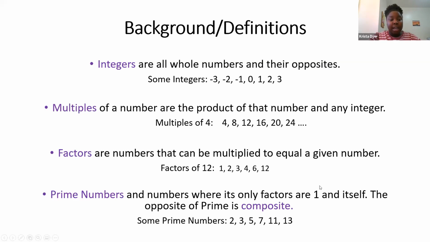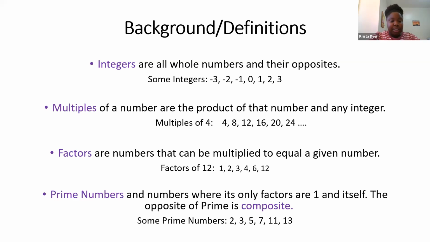On the other hand, factors are numbers that can be multiplied together to equal a given number. So if we start with 12, then we can split up 12 into 2 factors, 3 and 4. So I have the factors for 12 listed. We can do 1 times 12, we can do 2 times 6, or we can do 3 times 4 to get us 12. So then 1, 2, 3, 4, 6, and 12 are all factors of 12.